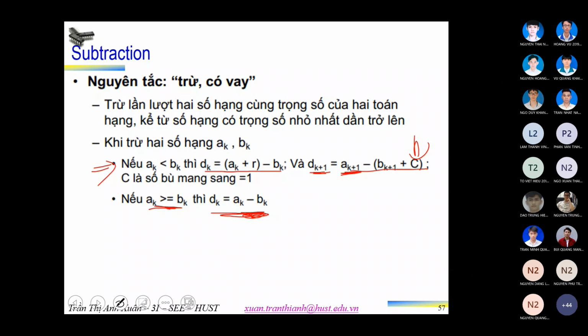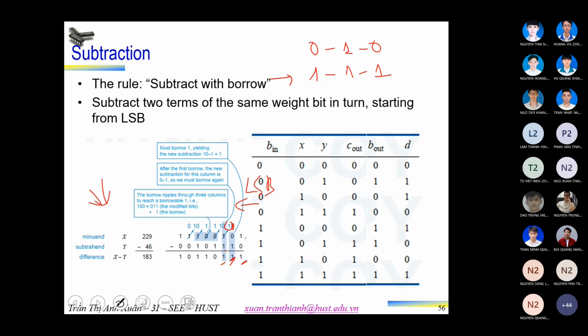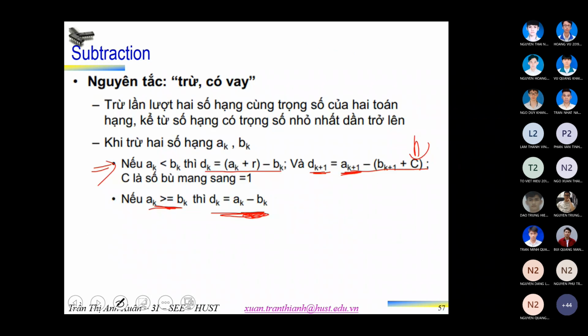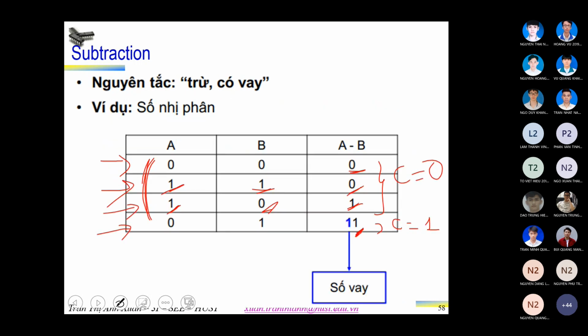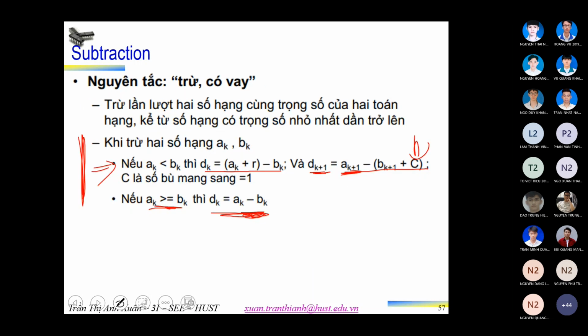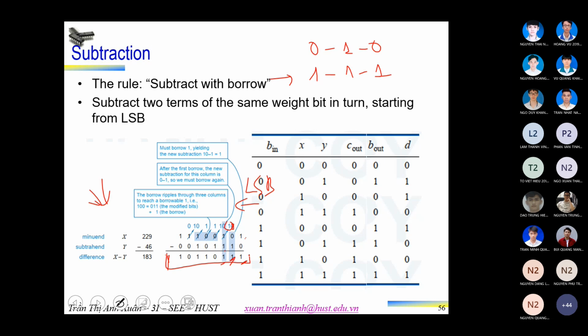So here we have the result, and next we can do all of the example as the rule we see here. We get the final result. This is a subtraction of two binary numbers.